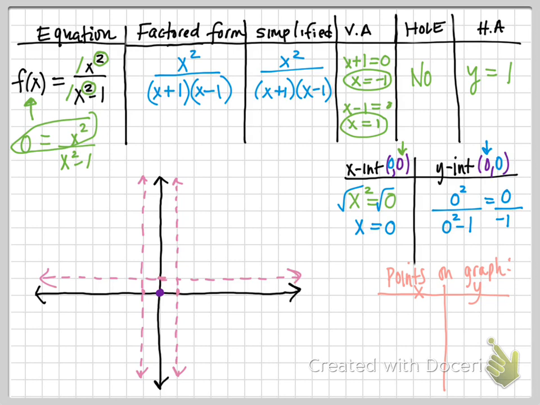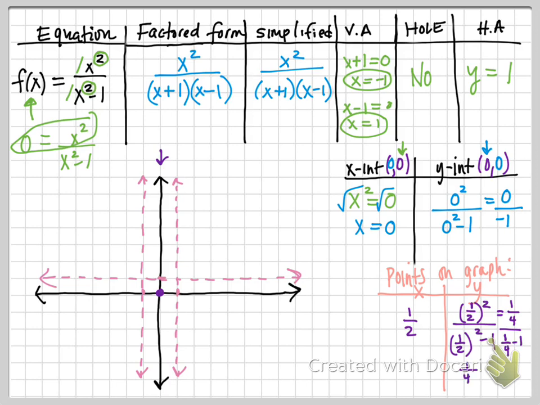From here, we want to pick some points on the right-hand side and on the left-hand side of our vertical asymptote. Let's start with in between. We already have 0, 0, so let's do 1/2. If I plug in 1/2 for x, I would have 1/2 squared divided by 1/2 squared minus 1. So this is 1/4 all over 1/4 minus 1.